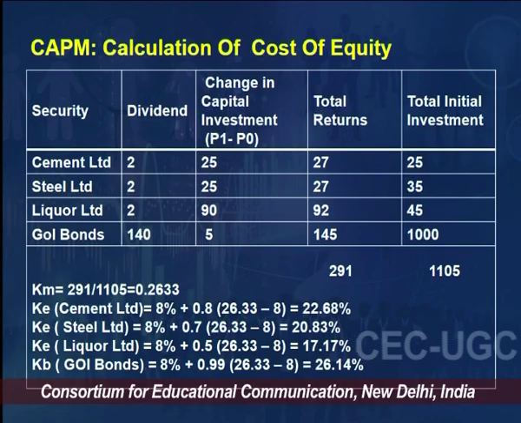In the same way we have done it for all 4 situations. The total initial investment is 1105, and the total return in the third column is 291. If you divide this, you get 26.33, which is the RM. Now using this RM, since beta is also given, we can calculate the cost of equity in each situation. This is why I discussed return in the context of the capital asset pricing model.